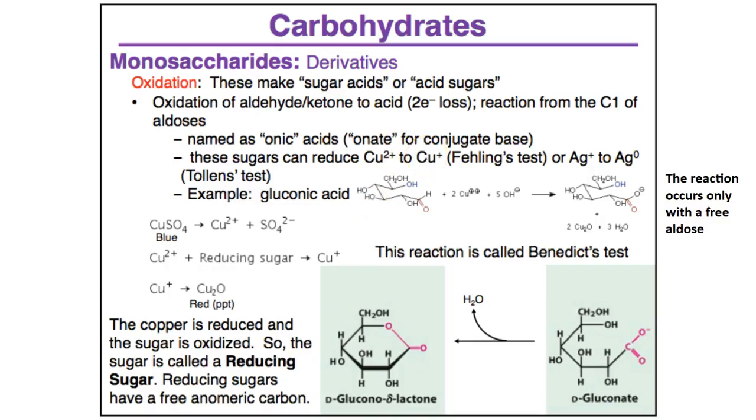The reaction we will be doing in lab is called the Benedict's test, where we have copper sulfate within the Benedict's solution, which will be reduced to copper oxide, and you'll see this red precipitate.